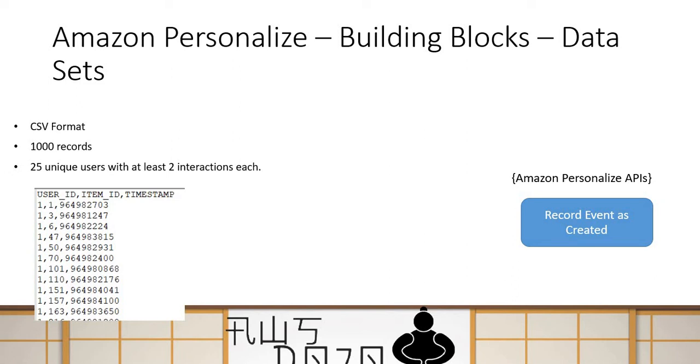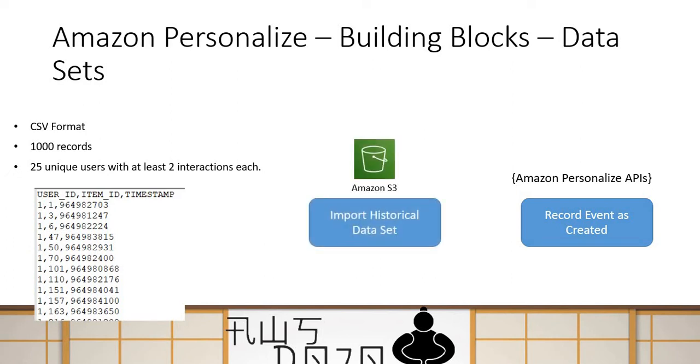Similarly, if people are booking movies through some booking site, and you're capturing that data, you can use this Personalize API to record such data. That's one way of capturing the data.